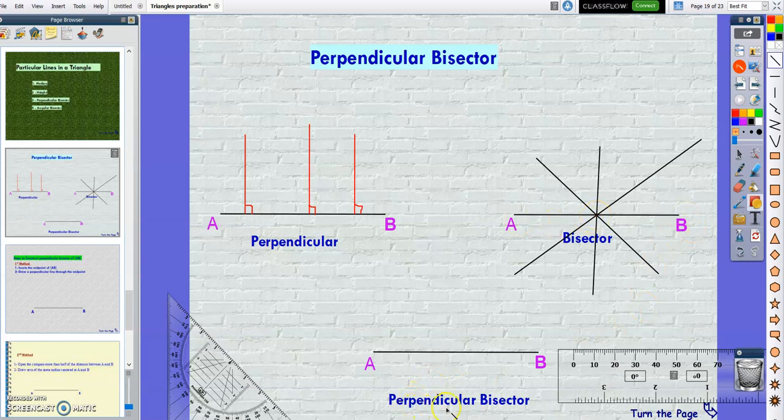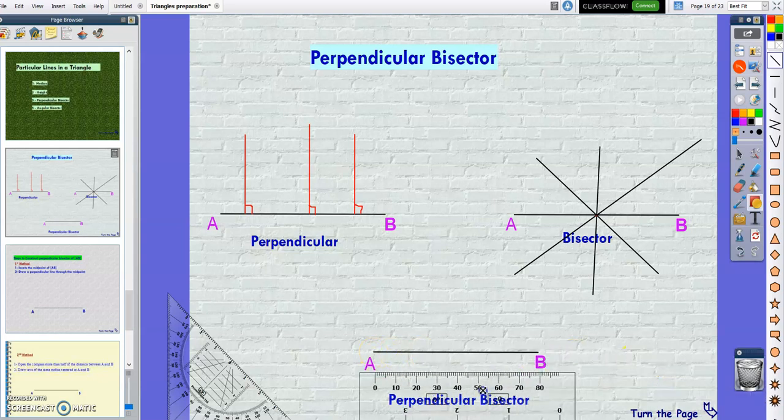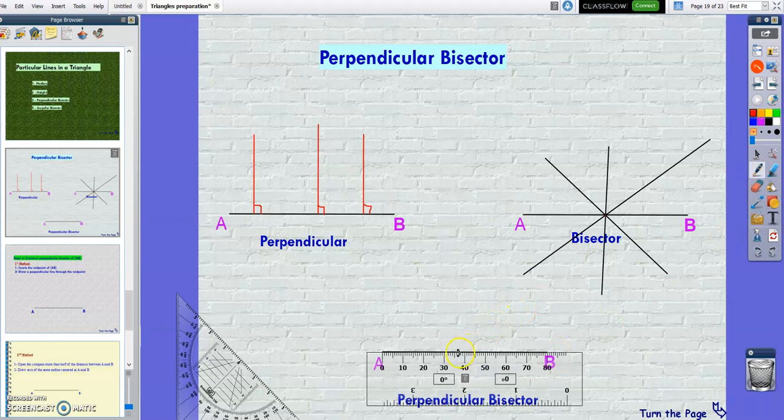What about perpendicular bisector? So simply the perpendicular bisector is any line that's perpendicular to the segment AB and also passes through its midpoint. So to draw the perpendicular bisector of AB, locate its midpoint. So here it is 8 centimeters. Its midpoint is 4.